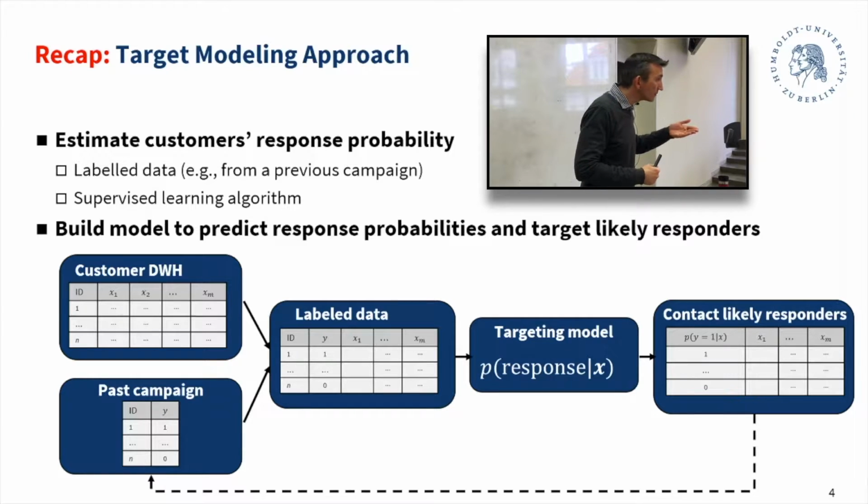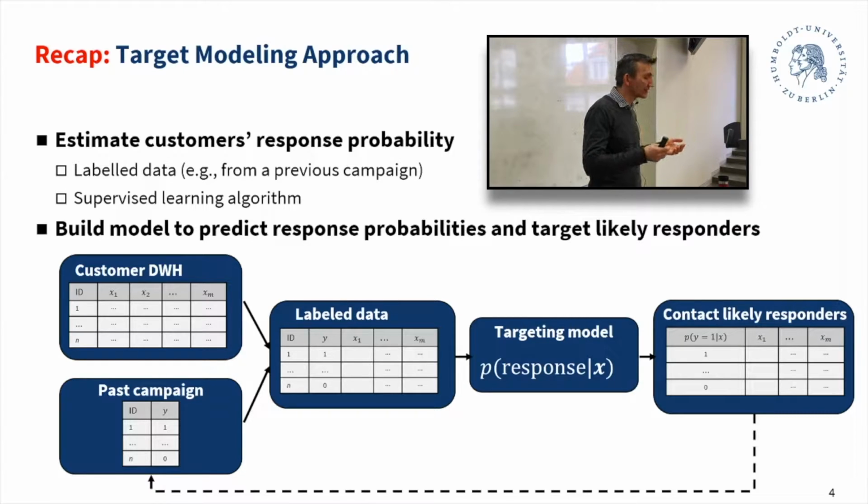And we can use supervised machine learning to predict the likelihood of a customer performing this action, buying a product, let's say. That was the target modeling approach. Customer data warehouse, giving us all the information about the customers that we have. Past campaigns, delivering us labels.